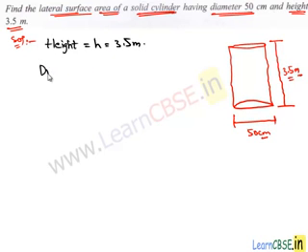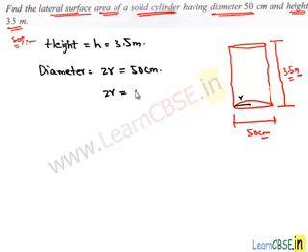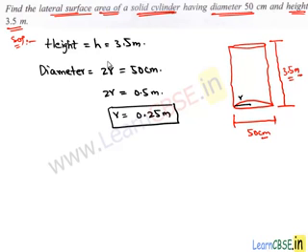Similarly, the diameter, that is the diameter of the base circle, which is 2 times its radius, is equal to 50 centimeters. And we know that 50 centimeters is 0.5 meters. Therefore, the value of r is 0.25 meters. By using these two, we can find the lateral surface area of the solid cylinder.